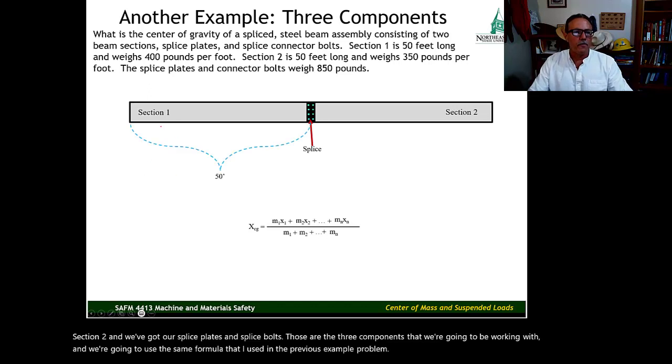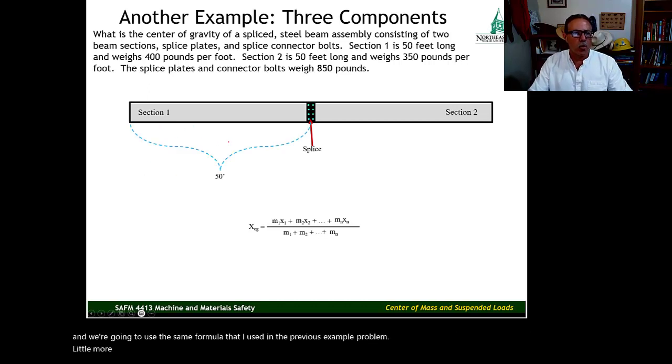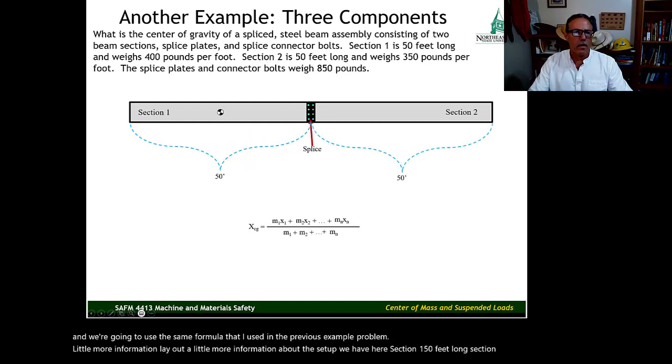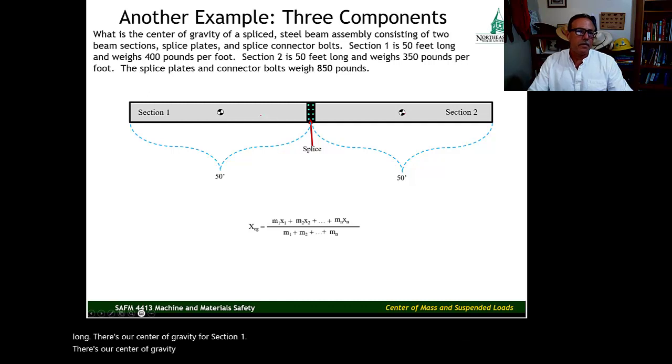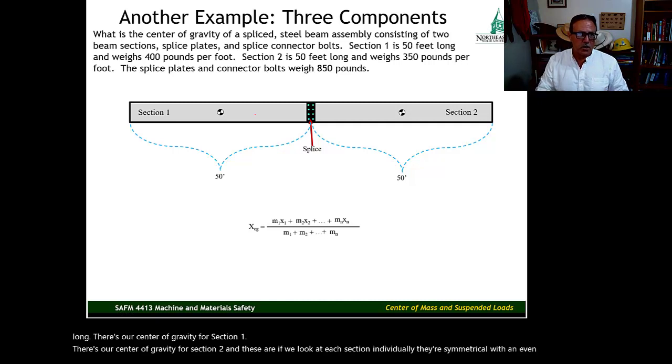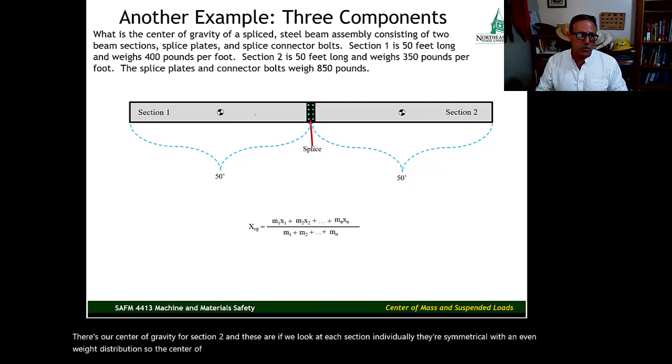A little more information about the setup we have here. Section 1, 50 feet long. Section 2, 50 feet long. There's our center of gravity for Section 1. There's our center of gravity for Section 2. If we look at each section individually, they're symmetrical with an even weight distribution, so the center of gravity is going to be right at the centroid of the object, the geometric center of the object.